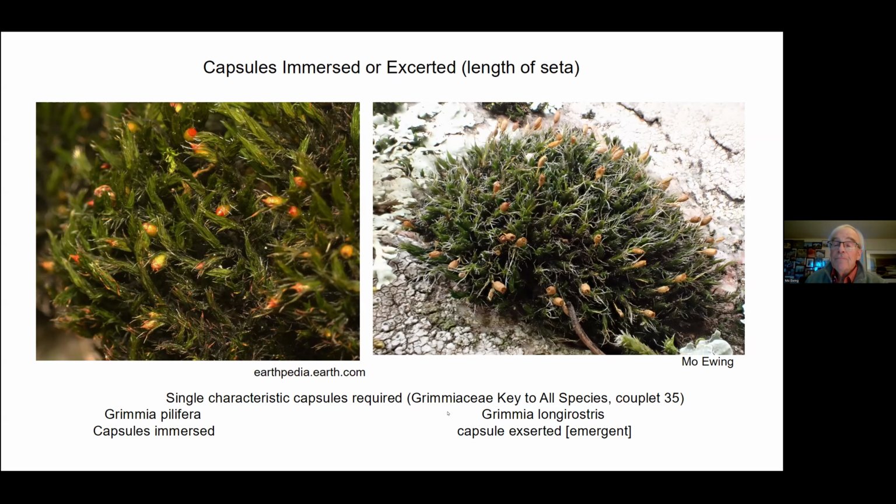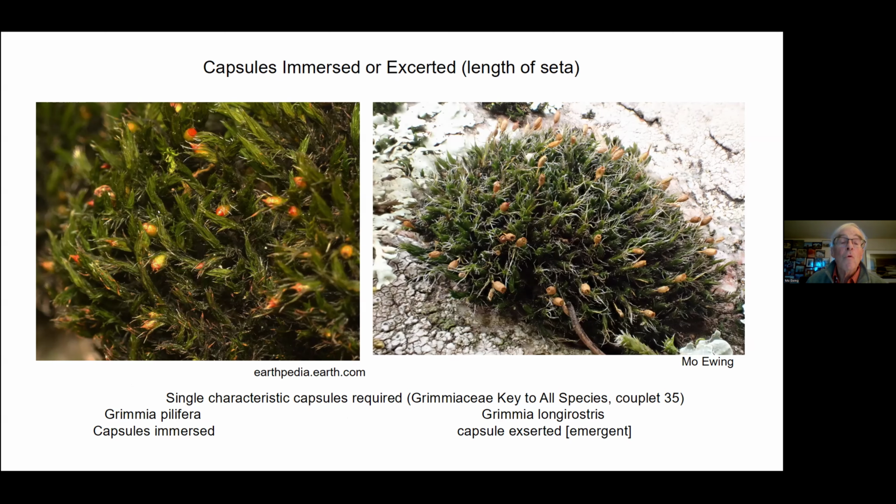And in this couplet, the capsules are described as either being immersed or exserted. In Grimmia pallifera, the capsules are immersed, which means that they sit down at the same level or below the leaves that surround their base, which are the perichaetial leaves. Those are the leaves that surround the base of the seta.